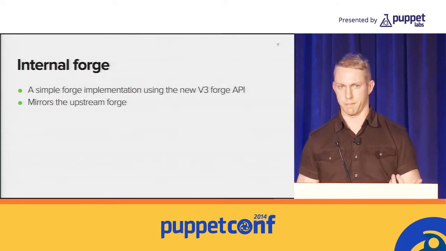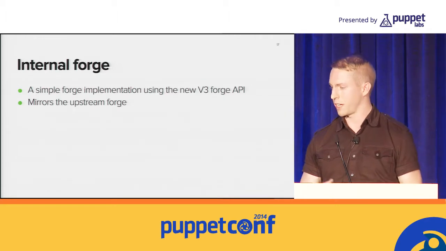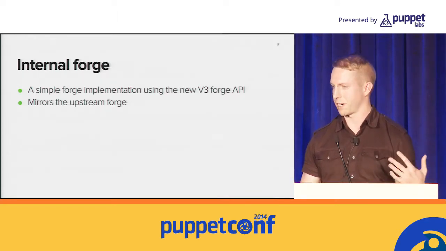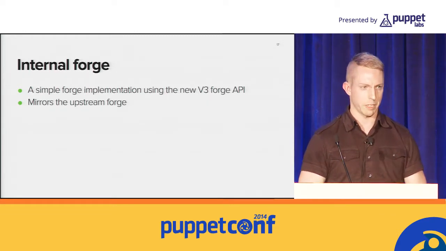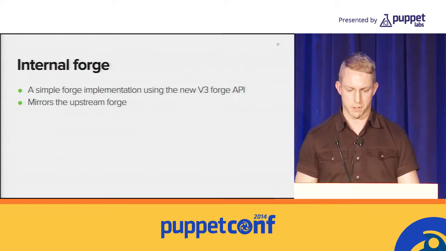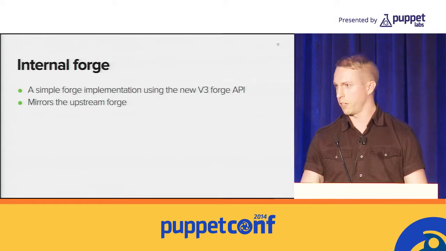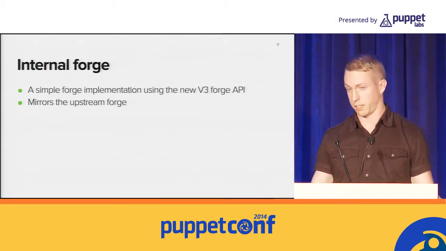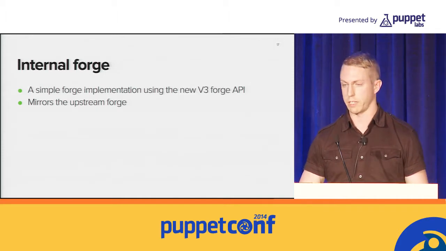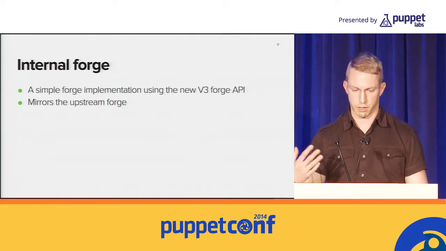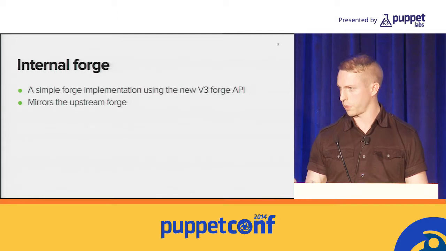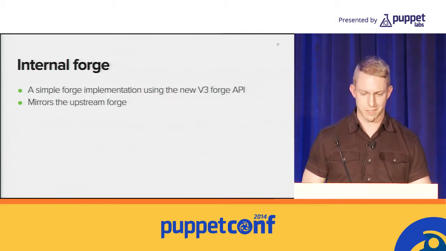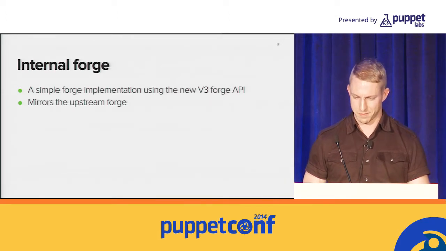We don't want to have test runs breaking because the Puppet Labs forge is down for an hour or something. So we just mirror all of it internally and have one of these Puppet forges in each data center. Also, you get a lot quicker installs of the modules. As I said, they do the install on every Puppet run, so you want it to be fairly quick so you can see the results of the Puppet run quickly.